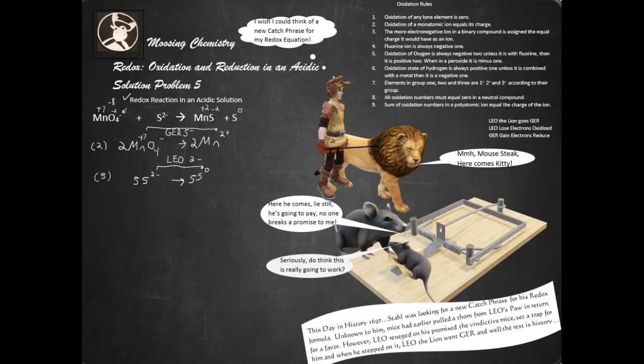Now, when we do that, we're going to get 10 electrons here, plus 2 MnO4 minus yields 2 Mn2 plus.